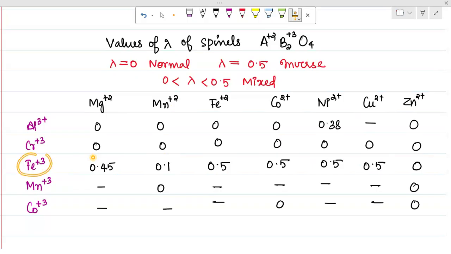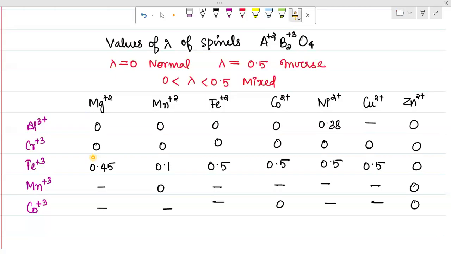So Fe+3 gives a normal spinel with zinc 2+. And the correct answer was zinc 2+. You can answer that only if you know this table, because there are certain experimental observations which you cannot predict using the equation that we did. We can do some of them, but not all of them.